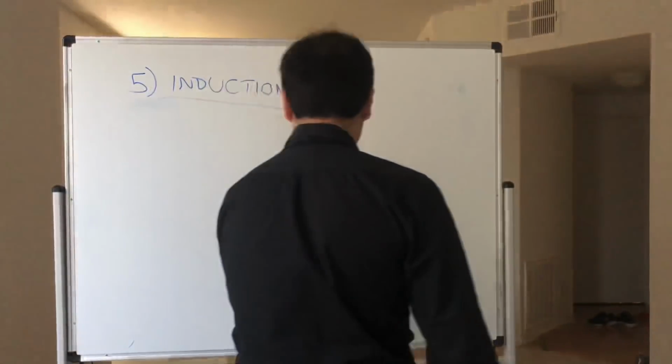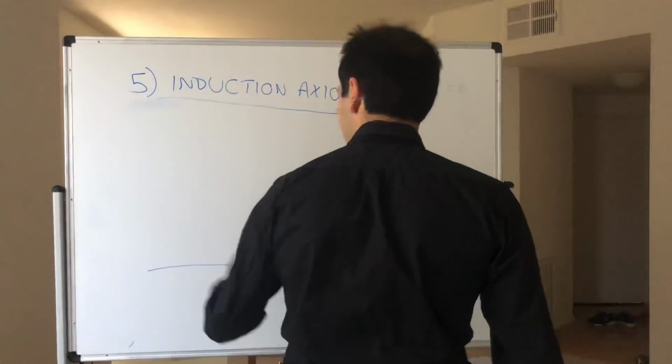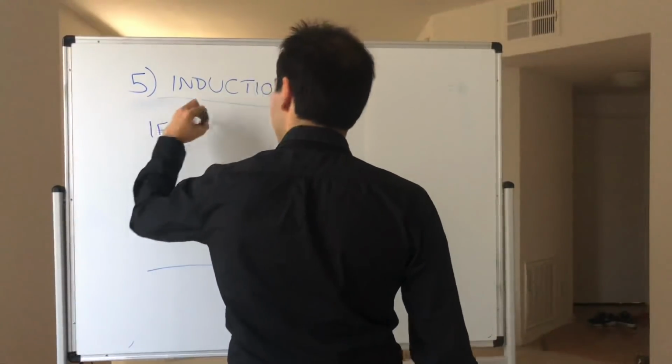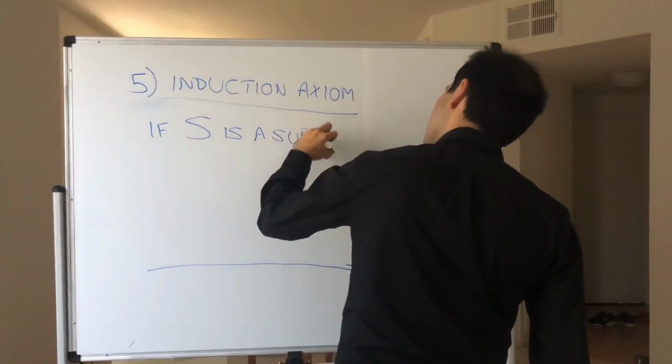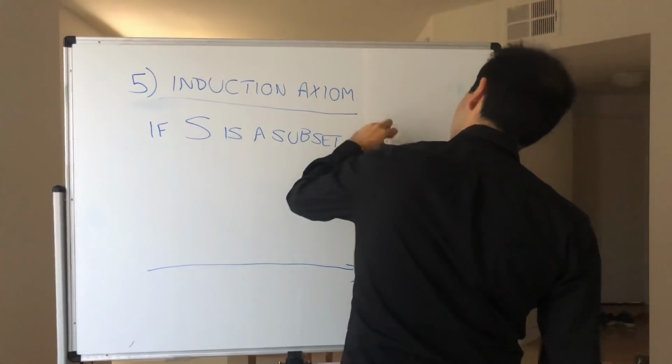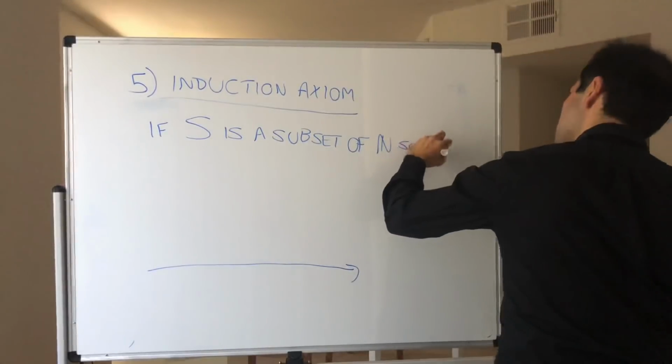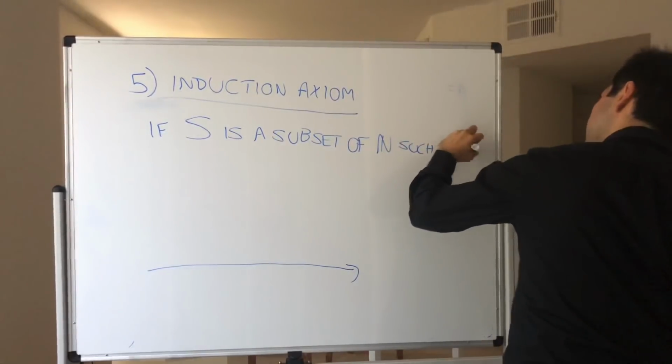Suppose you have a set S. If S is a subset of N, such that 2 things.